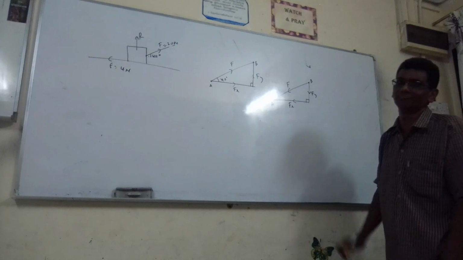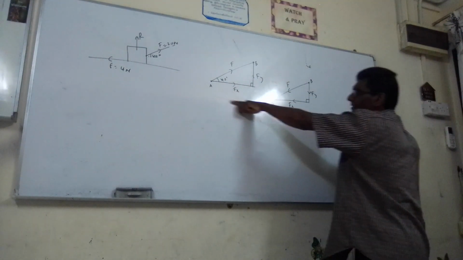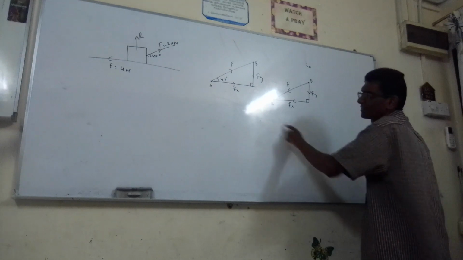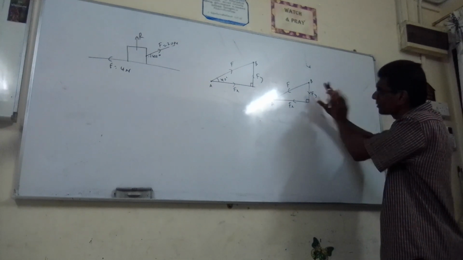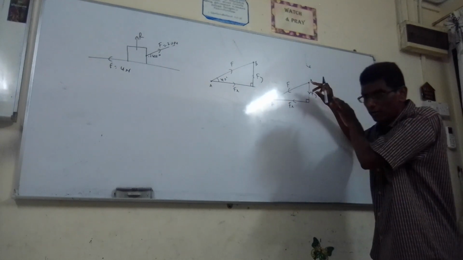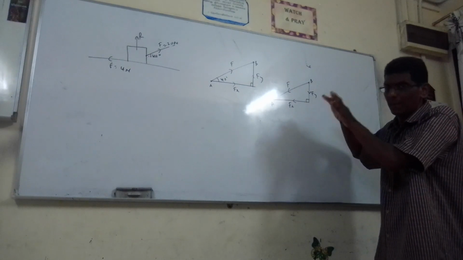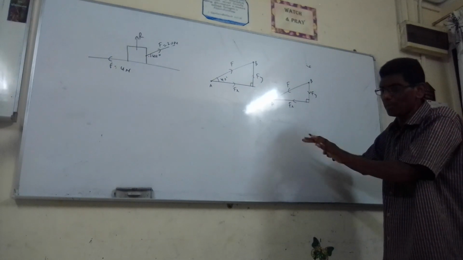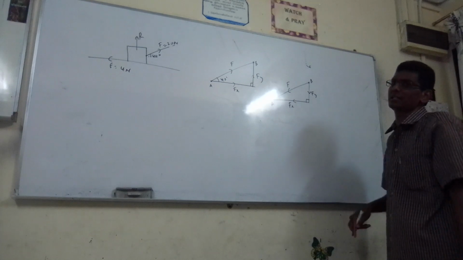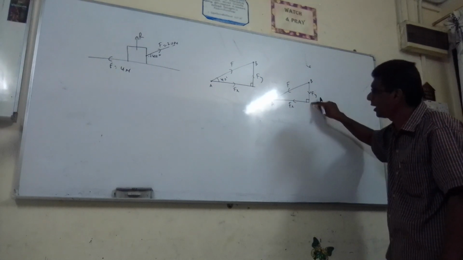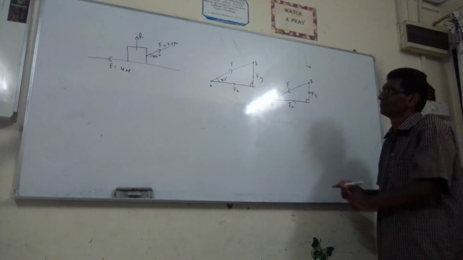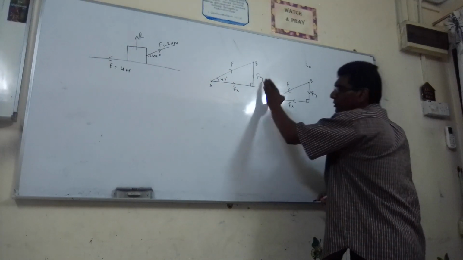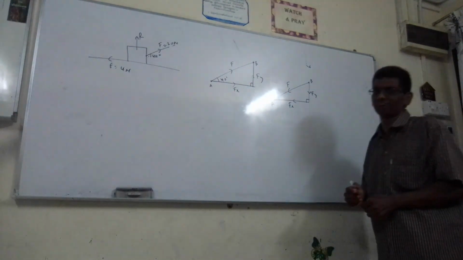So this is Fx and Fy. From where the applied force F starts, there are branches, which can be Fy and Fx. Fy is the vertical force, Fx is the horizontal force.